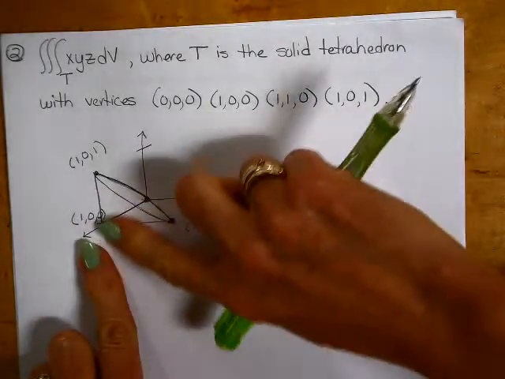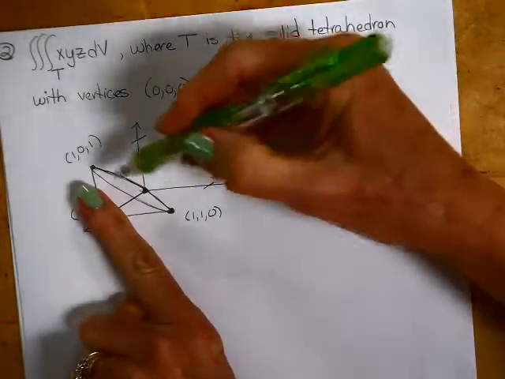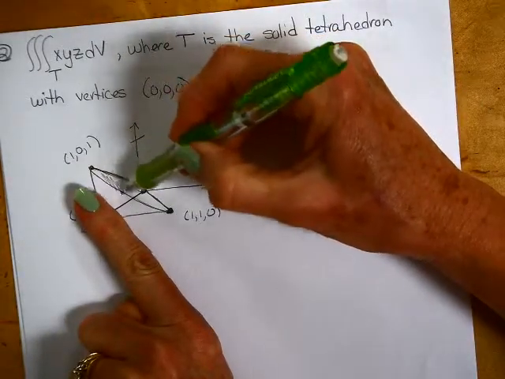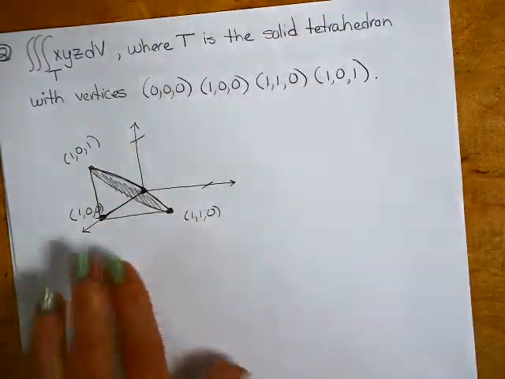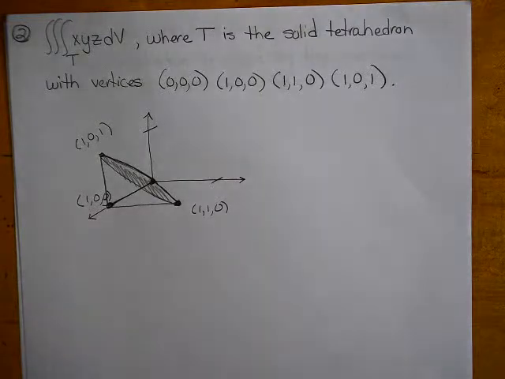This is a flat surface right here. The top of my tetrahedron is this that I'm shading. That's the top. It's a plane. So it comes out here, and then there's like a sheet, a plane that's on top of it.